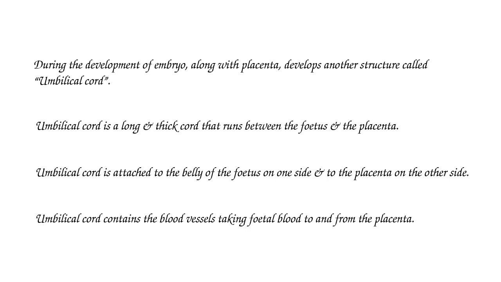It contains blood vessels taking fetal blood to and from the placenta. So the umbilical cord consists of 100% fetal blood. That is one most important point. And the placenta consists of both maternal as well as fetal blood. Also, the umbilical cord is the connection between the embryo and placenta, not to the uterus.